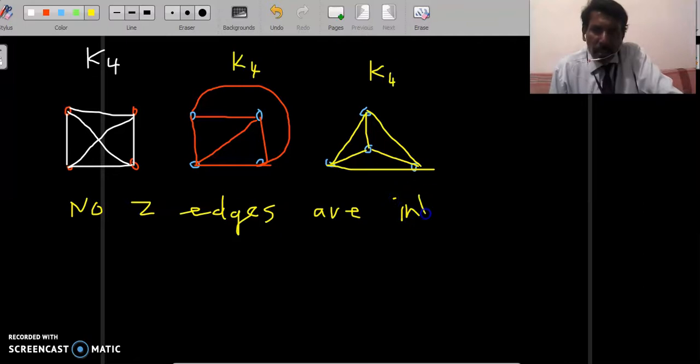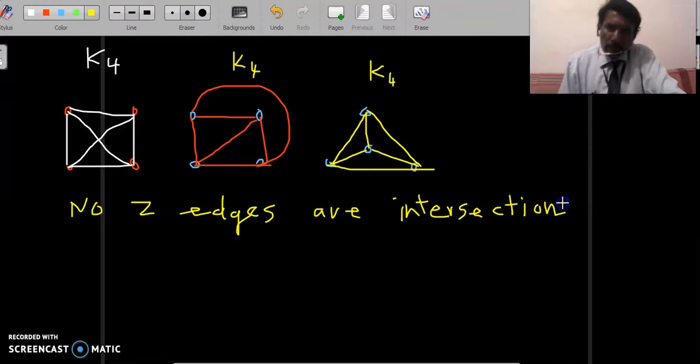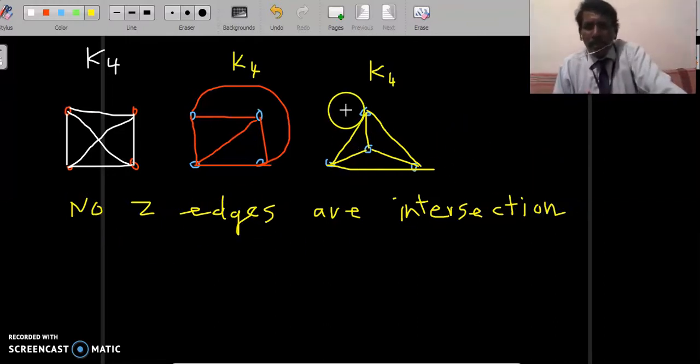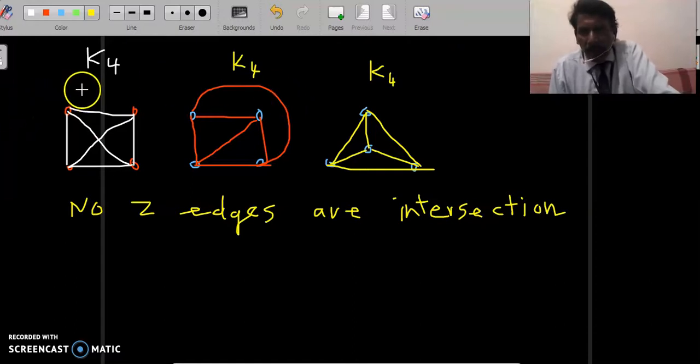Therefore these are called planar graphs. So planar graphs are graphs such that no two edges are intersecting one another.